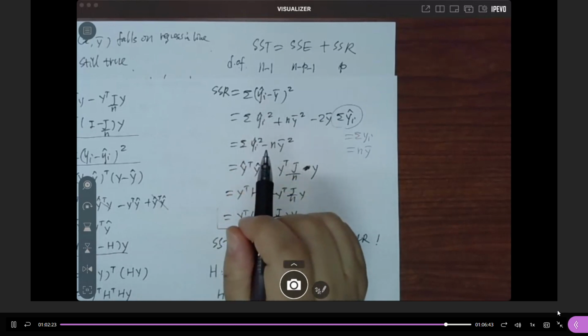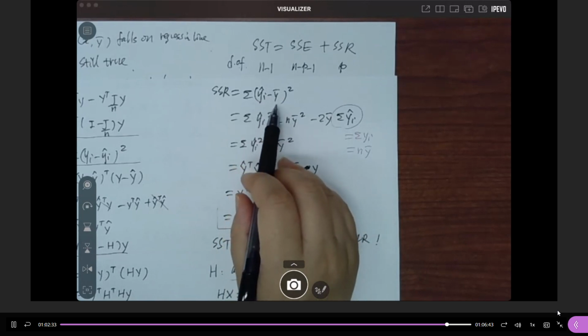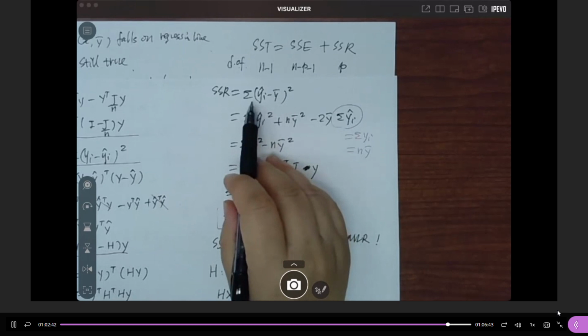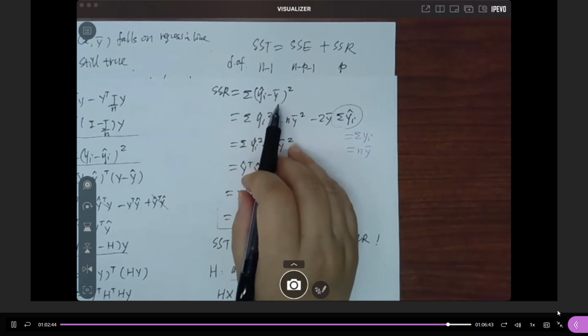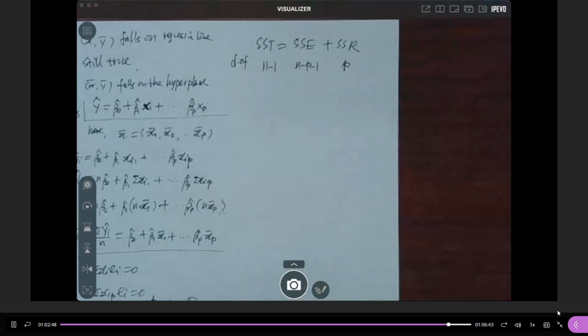Each y hat is calculated by using the formula beta 0 hat, beta 1 hat, all the way to beta p hat, okay? So you have p plus 1 pieces in y hat. You use one constraint in order to calculate the y bar. Y bar is the summation of y divided by n. So it's p plus 1 minus 1 constraint. So you get p, okay?